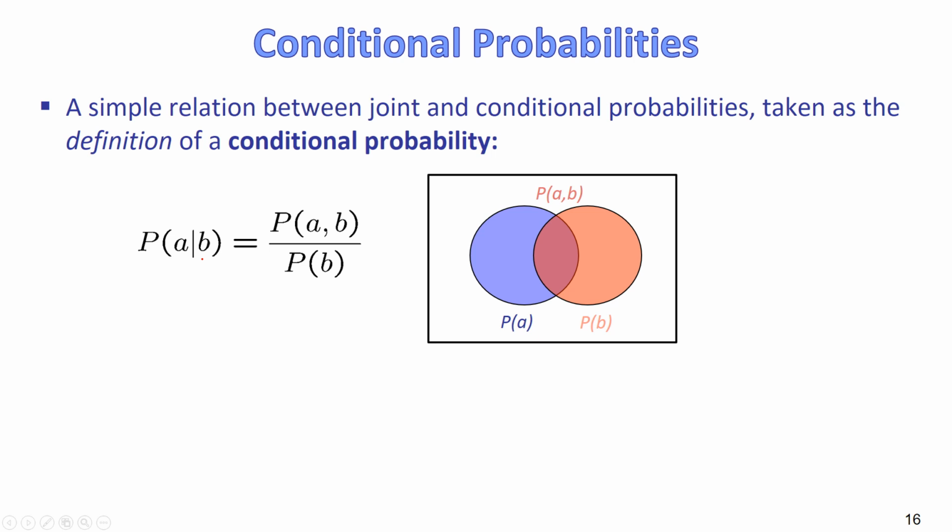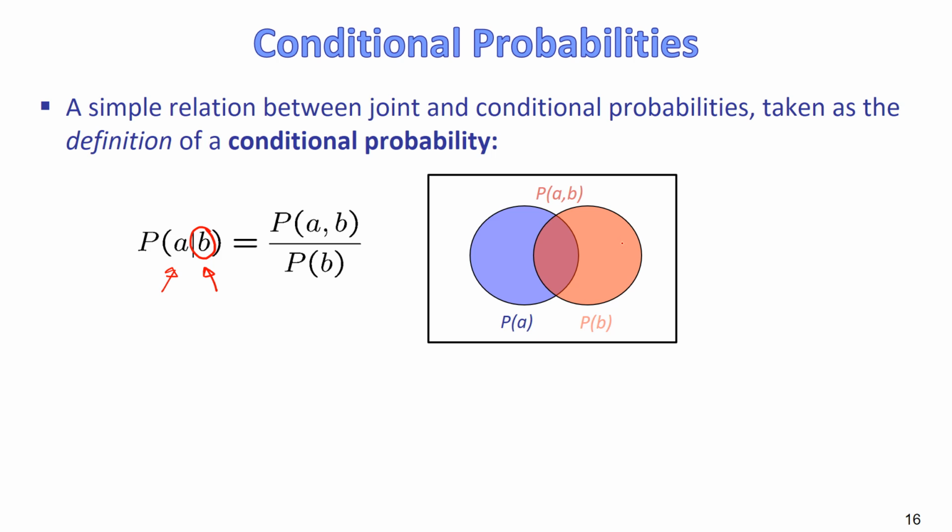We know the specific value for a variable, called evidence, and we want to calculate the probability of another variable being assigned a specific value given what we know already. So we know B, and we want to calculate the probability of A given B.